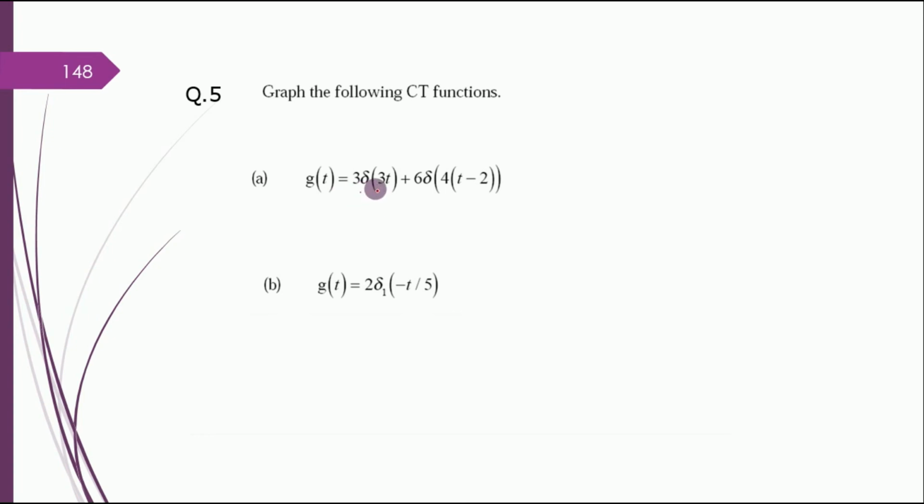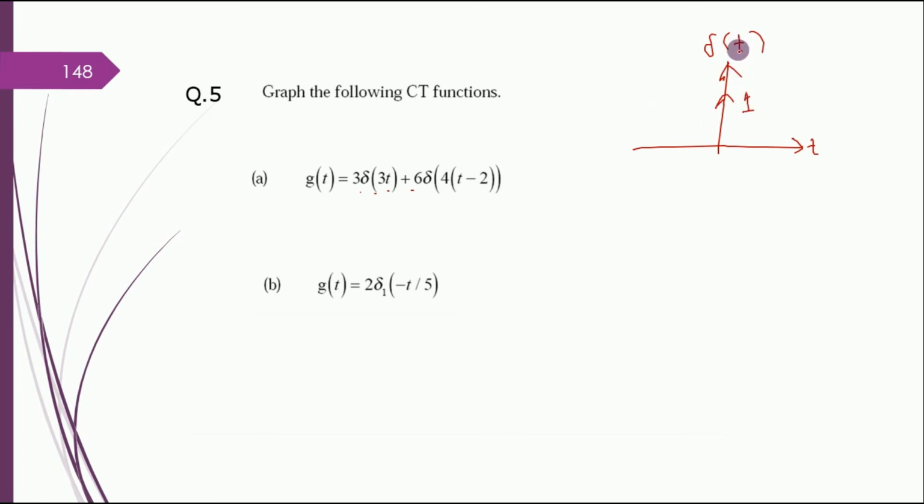g of t is 3 into delta of 3t plus 6 into delta of 4t minus 2. Remember one thing, for the delta function, strength is 1.